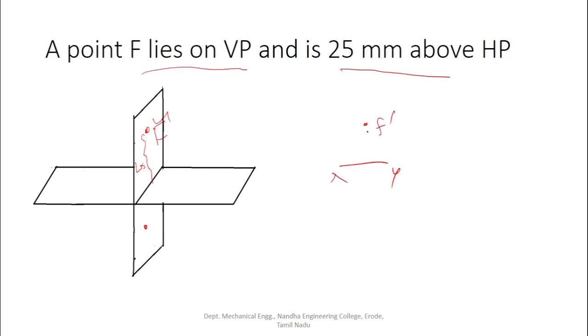So F dash is the notation to denote the front view of the given point capital F, which is 25 mm above HP. So this is the 25 mm. Next, the point is on the VP. On the VP means while we view the object, the point F will exactly fall over the XY reference axis itself. So this is the top view of the given point.